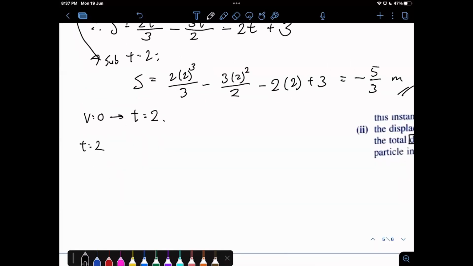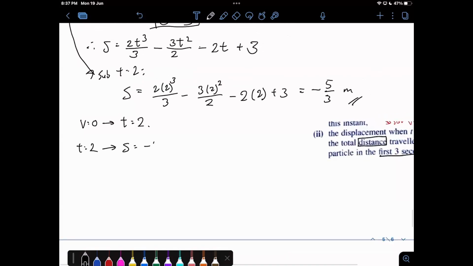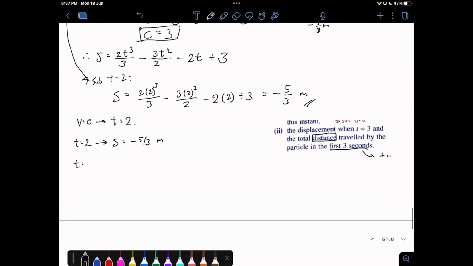So then when T equal to 2, we sub this into the S formula. Did we do that already? Yes, -5/3. What else do we need to sub in? The starting? Sub in when T equals to 3. S equals to, let's see. Everywhere there was a T, replaced with a 3.